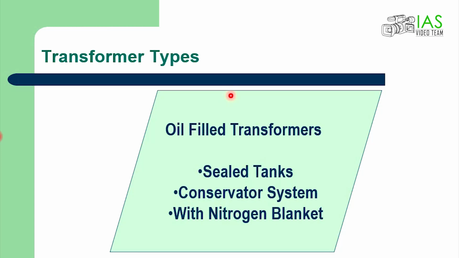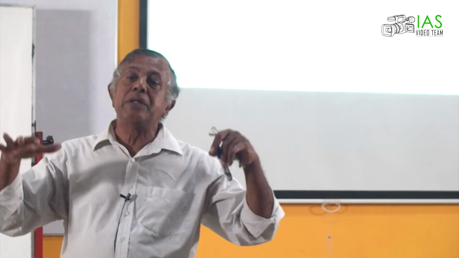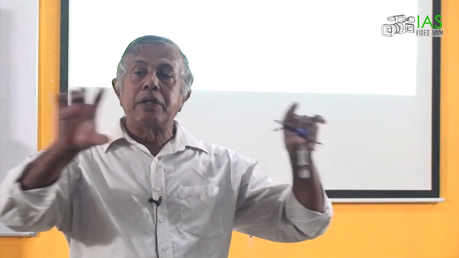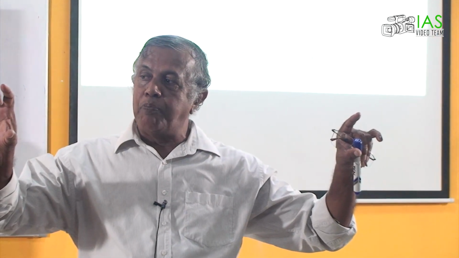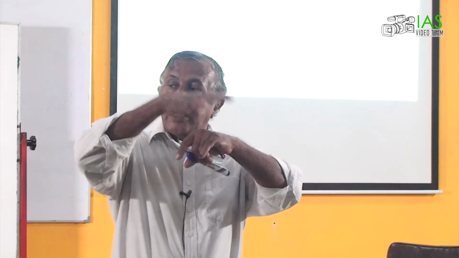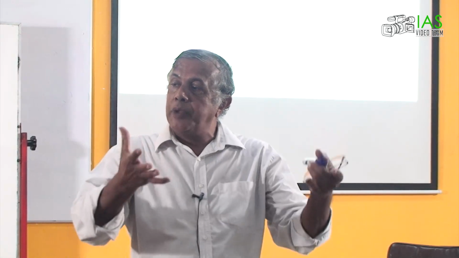And then some transformers are there with nitrogen blanket. Those are normal tanks with nitrogen column. So when there is a sudden pressure, what happens is the air compressibility is there to take up the pressure.